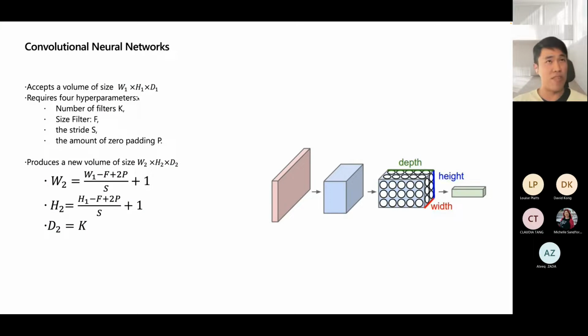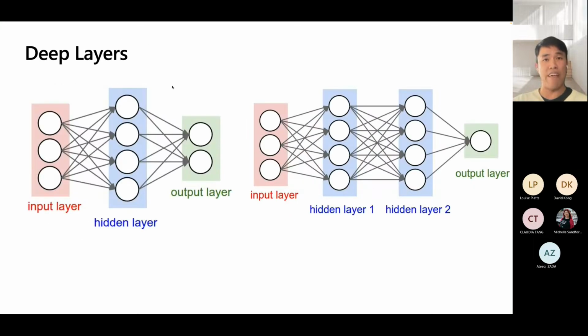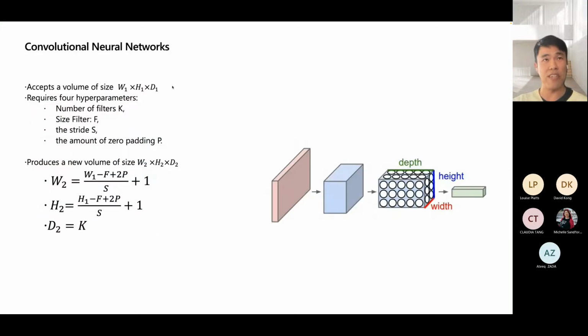And one of the very classic architectures is the convolutional neural network. Because we have talked about stacking the neurons, why don't we put multiple classifiers together so that we can process the image in a faster way?